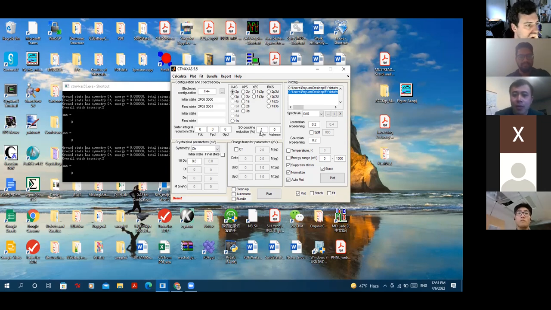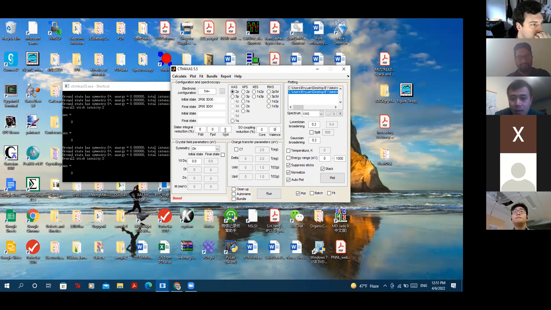Now comes the spin orbital coupling, and this is what we want to look at. Let's start with 0, meaning that we do not have any coupling for both the core electron and the valence electron. There's no consideration of spin orbital coupling, and let's calculate the spectrum and see what we have.